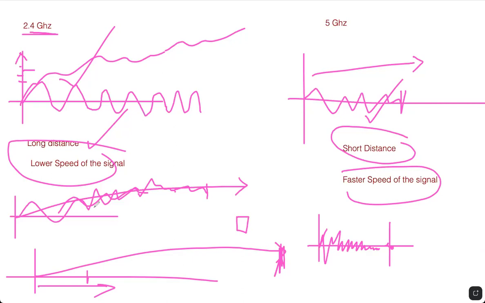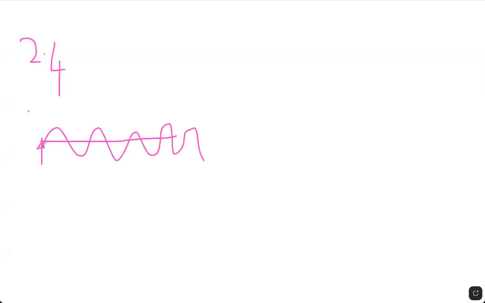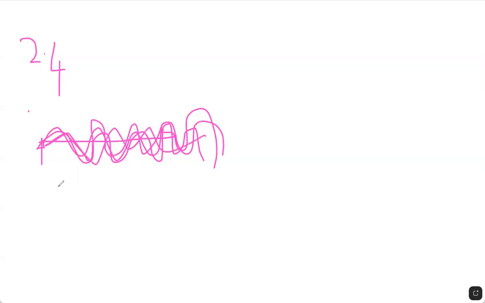Let's say 2.4, right? Let's say there is the antenna here. This one is sending the signal. This is signal 1. And similarly, it is sending signal 2. Signal 3. Signal 4. So it keeps on sending the signal. But there are places where this signal and the other signal will not overlap.